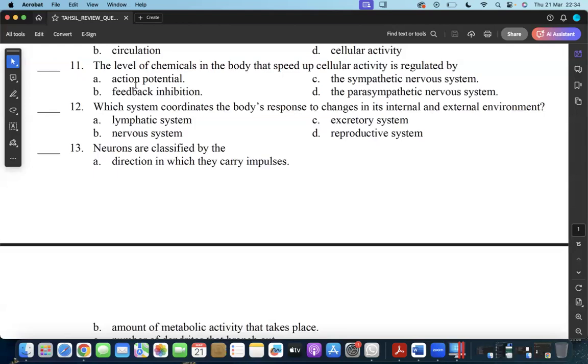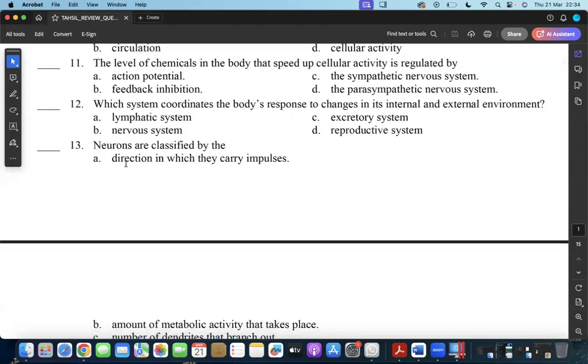Option C, the sympathetic nervous system, if you could still remember, is not related to helping to speed up activities. The same as the parasympathetic nervous system. So the one that seems to be the most correct answer is the feedback inhibition. The feedback system helps to control the rate at which some chemical reactions happen in the body.